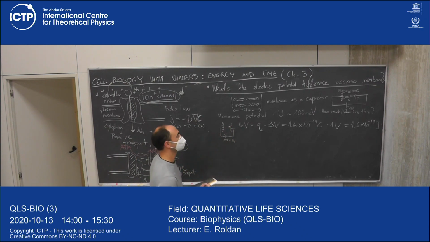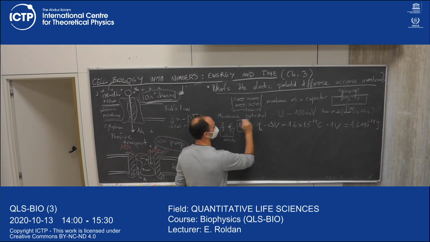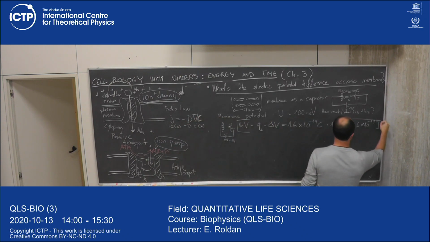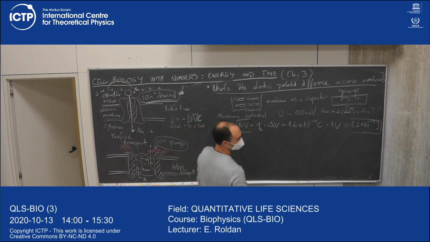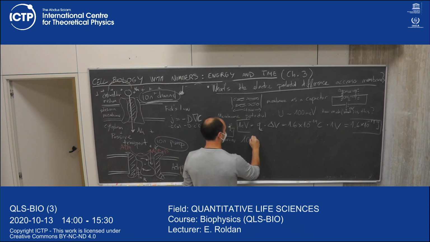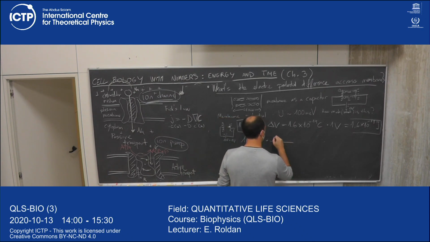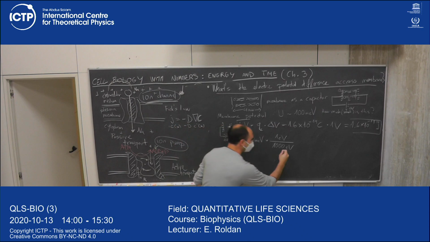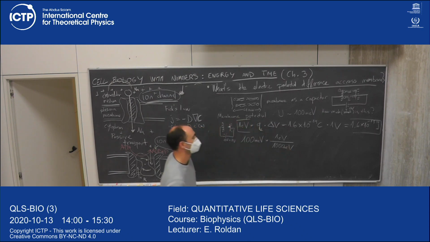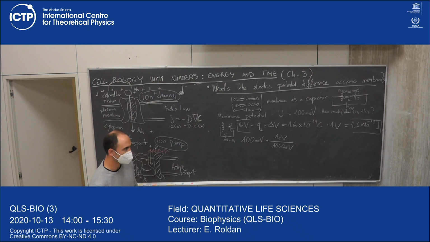Now we know what 1 electron volt is. You can find this everywhere. And now I tell you, the membrane potential is 100 millielectron volts. 1 milli electron volt is 10 to the minus 3 electron volts.